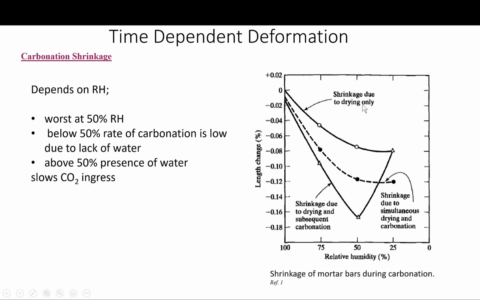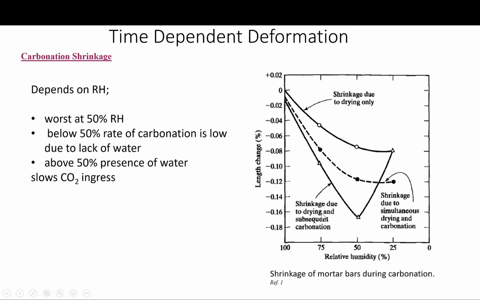And you see here shrinkage, this is due to drying. Okay, and of course, basically it increases with the decrease in relative humidity. If you look at this, for example, right here, this is shrinkage due to simultaneous drying and carbonation. And again, almost the same. It increases with the decrease in humidity.